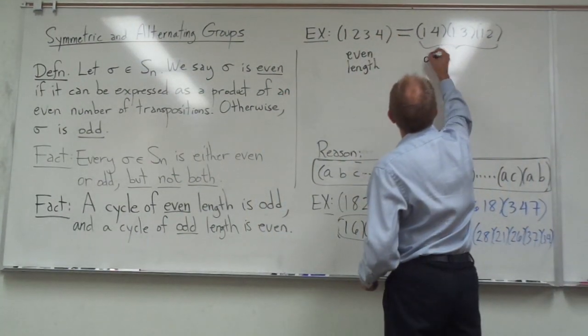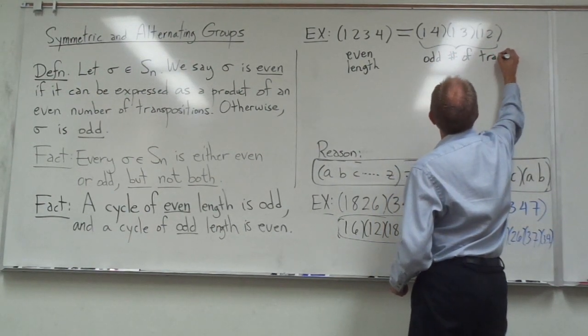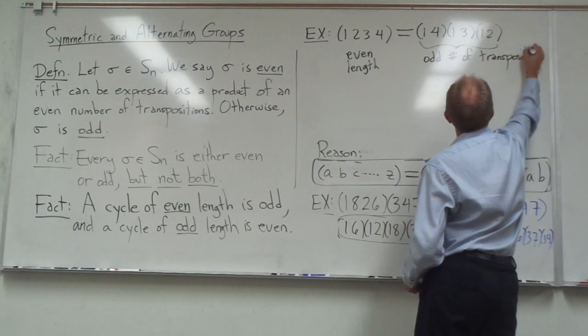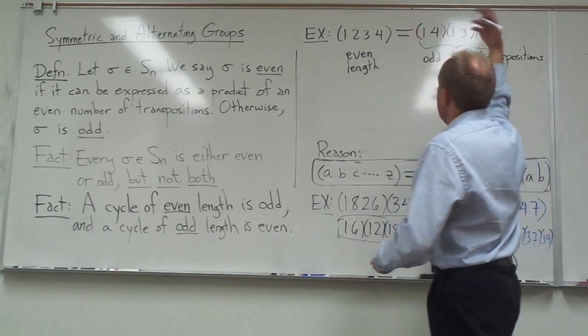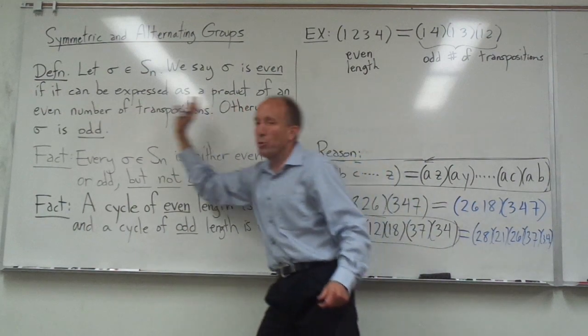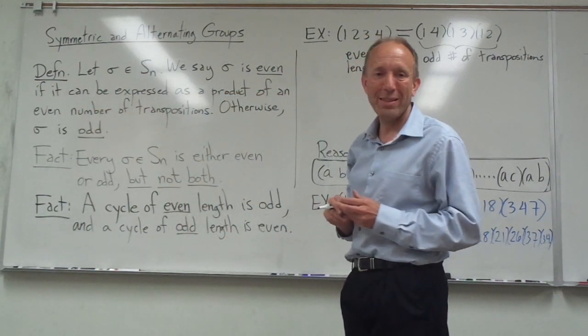So this is an odd number of transpositions. So a cycle of even length is odd with respect to this definition. It's an odd permutation. Okay?